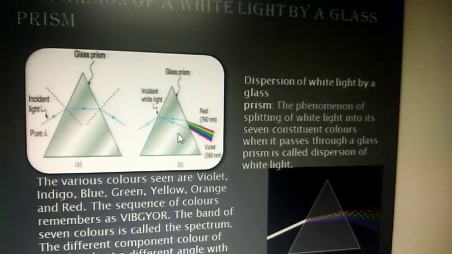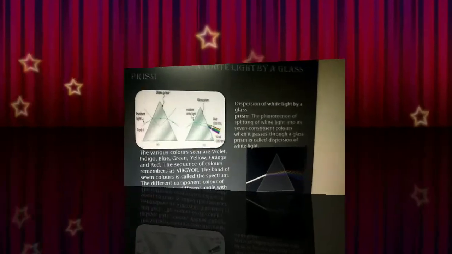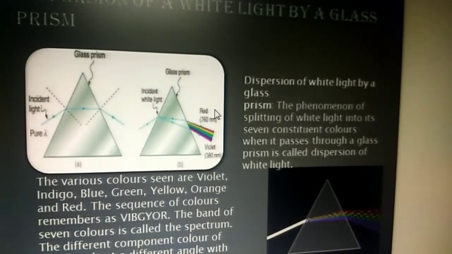When the speed is less, the bending will be more, whereas when the wavelength is large, the color moves with high speed in the medium, and when the wavelength is least, the speed also will be least. When the speed is least, it bends more towards the base of the prism. That is, bending of color depends upon its speed and wavelength. So the most bending color is violet, whereas the least bending color is red.